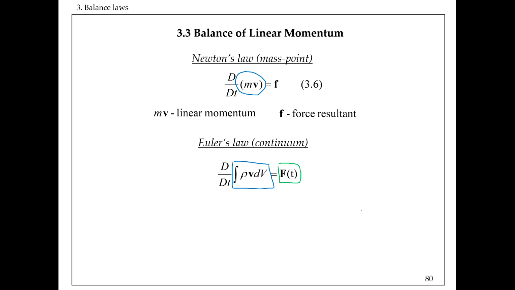But there is also a second type of force that we are very familiar with, for example gravity, an example of so-called body forces, which is applied to the volume element. As a result, we divide the resultant force into two parts.